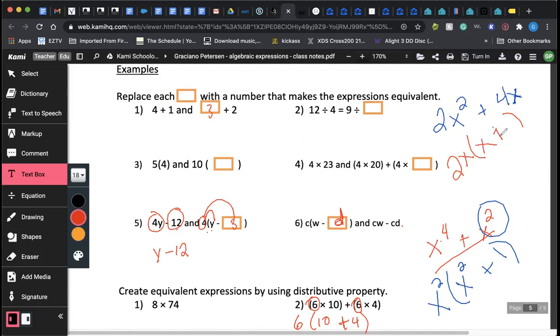What do I have to multiply 2x by to get 4x? 2x times what will give me 4x? 2. Okay, so I think I heard you. Yeah, so 2x times x plus 2 would give me 2x squared plus 4x.